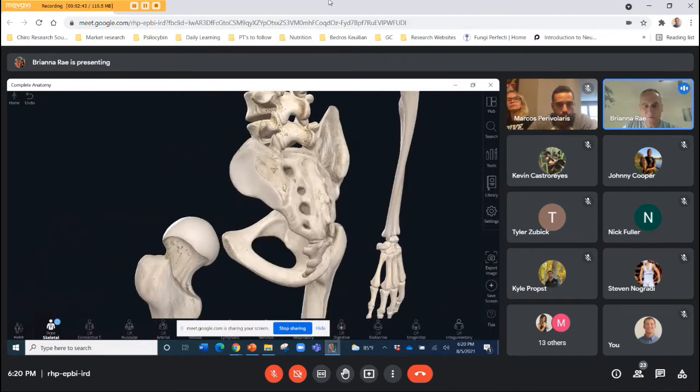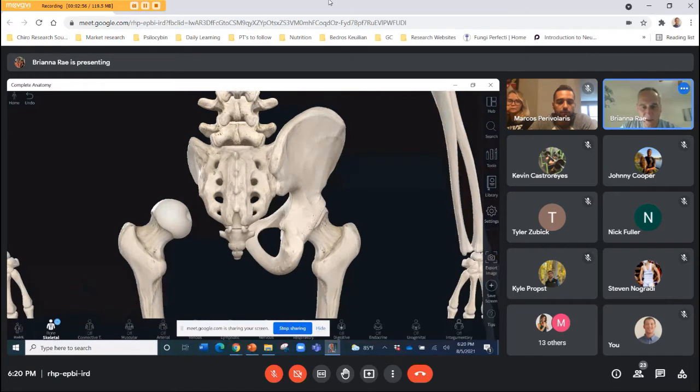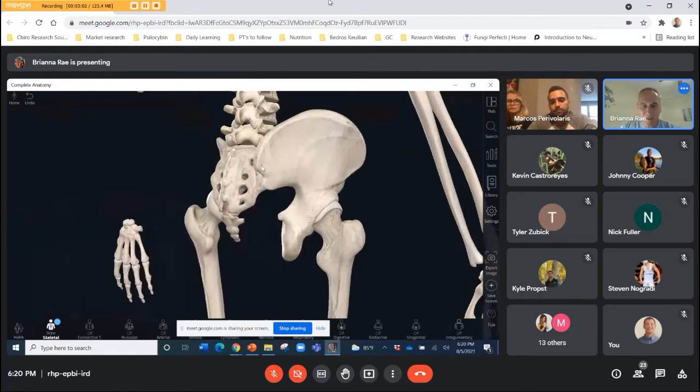And when we talk about pelvic misalignment, let me ask you this question. If we have an AS listing on an ilium, and this is the PSIS where I have my arrow, which direction does that PSIS go?